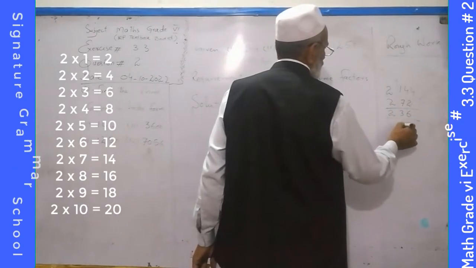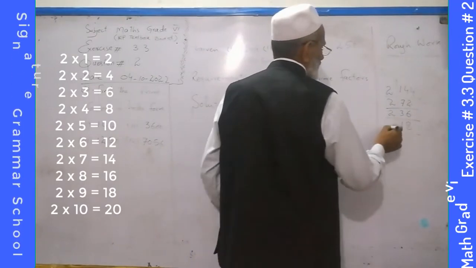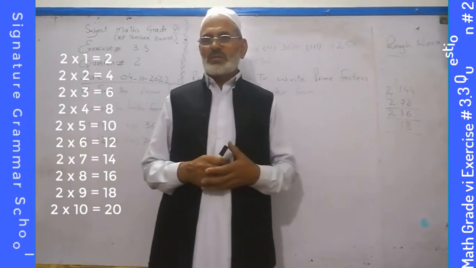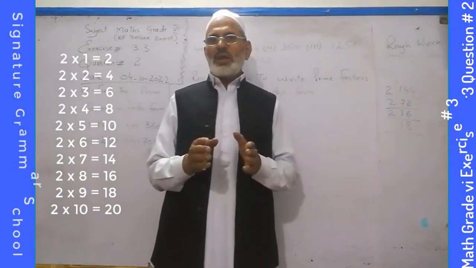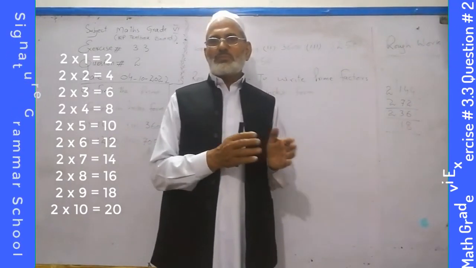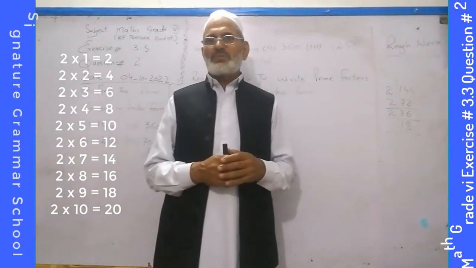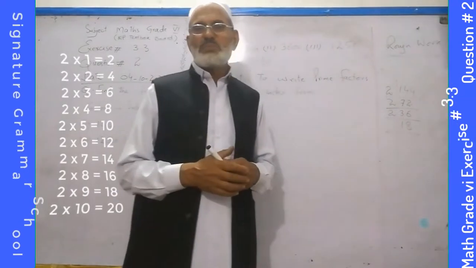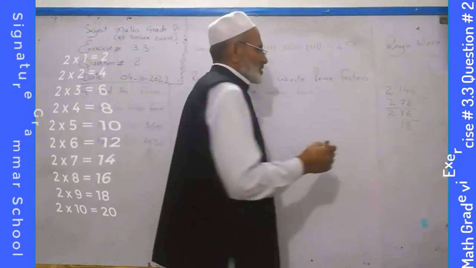2 1s are 2, 2 8s are 16, 18. 18 is divisible by 2 because it is an even number, and if you add 8 with 1 it becomes 9, and then it comes in the table of 3. Therefore this value is again divisible by 3, but I am dividing it with the lowest value, that is 2.